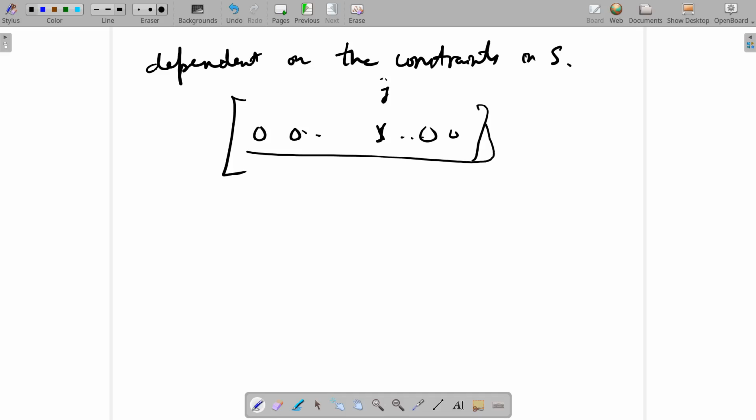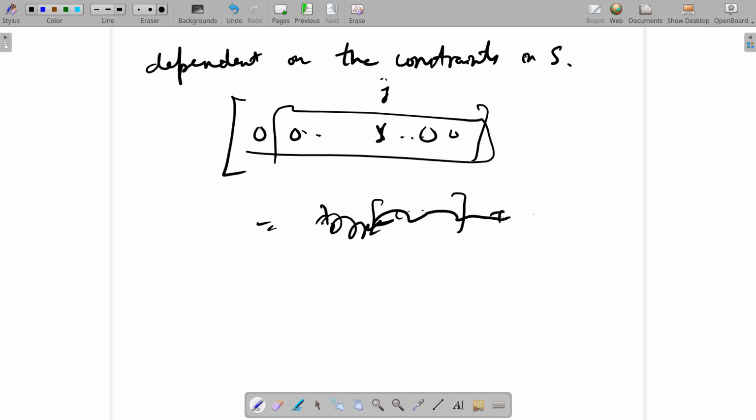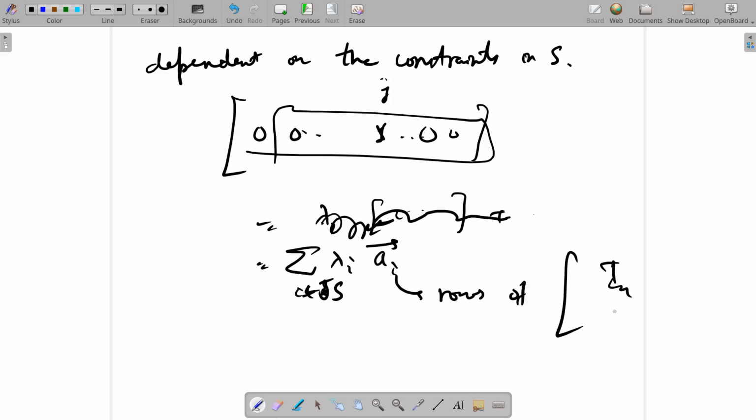What I'm saying is this row vector is a linear combination, with coefficients lambda i, of the corresponding rows ai, where i belongs to S. These are the rows of A, and for each of them, the inner product at P is 0, and in fact at W is also 0.